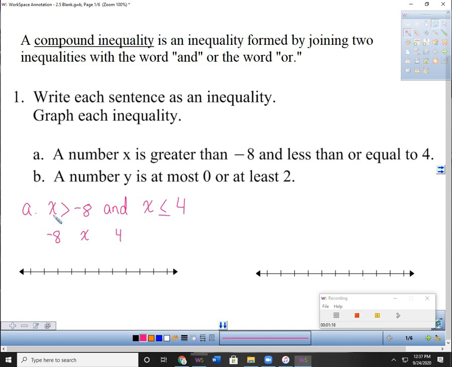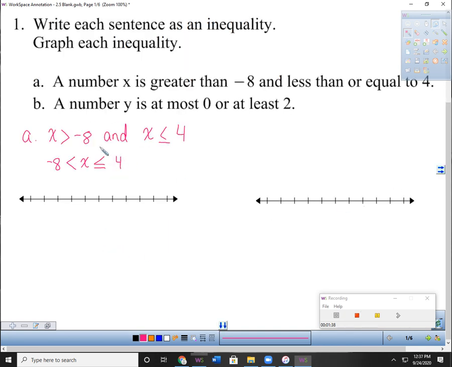Then I'm going to look and say, okay, on the side with the -8, I'm pointing at the -8. On the side with the 4, I'm pointing at the X. So I'm still going to be pointing at the X when I write that statement. Now, that means that X is between -8 and 4.